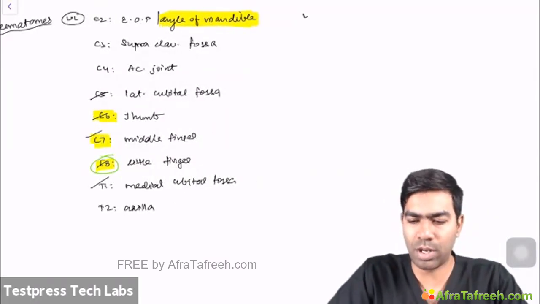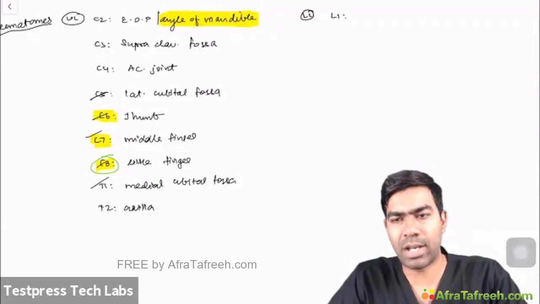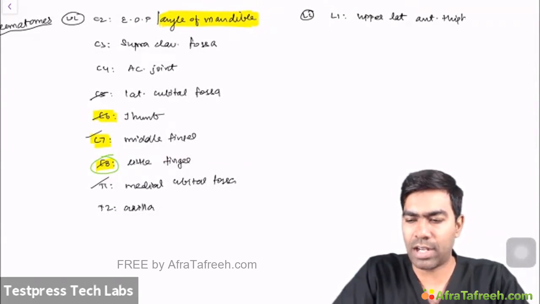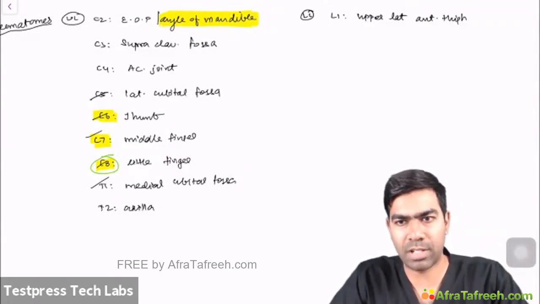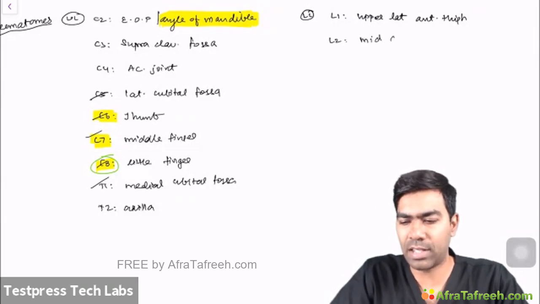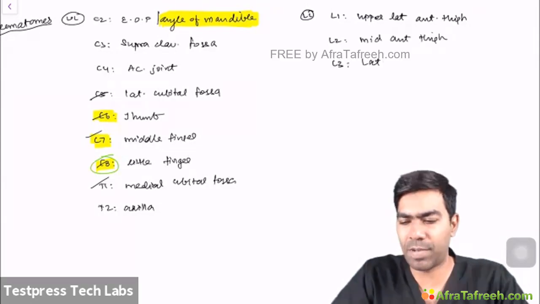But coming to the lower limb, lower part of the body, you have L1. L1 is basically in the upper lateral anterior thigh, or I can write anterolateral part of the thigh in the upper aspect. As far as L2 is concerned, it's the mid anterior thigh, and L3 in the lateral femoral condyle.